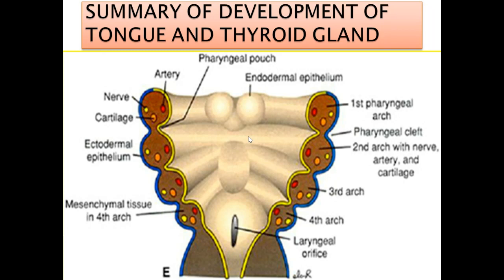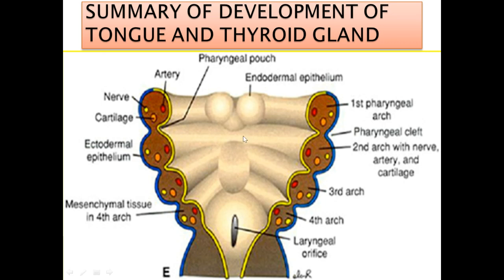Summary of the development of the tongue and thyroid gland. The floor of the primitive pharynx shows development of three derivatives, craniocaudally: tongue development, the thyroglossal duct development, and also the laryngeal groove.